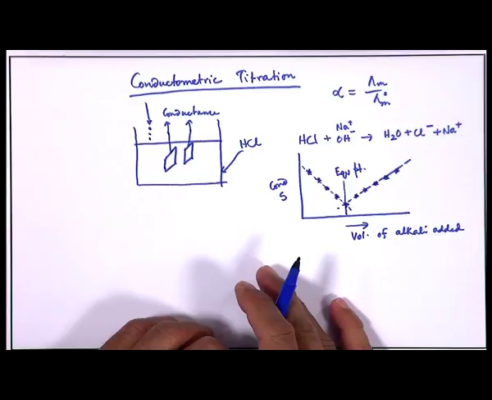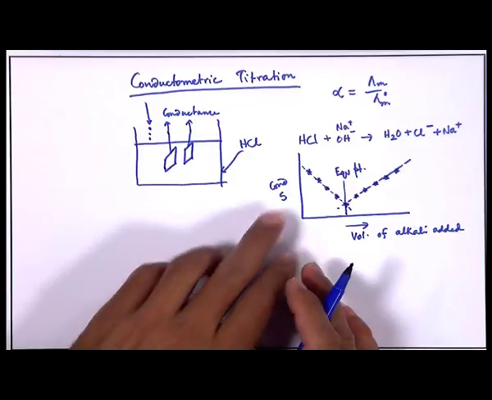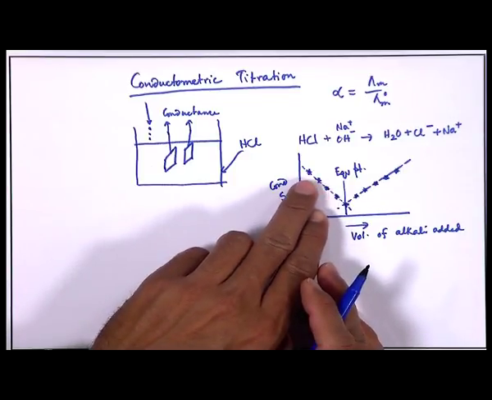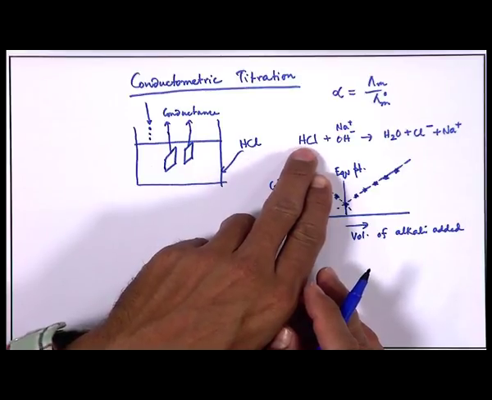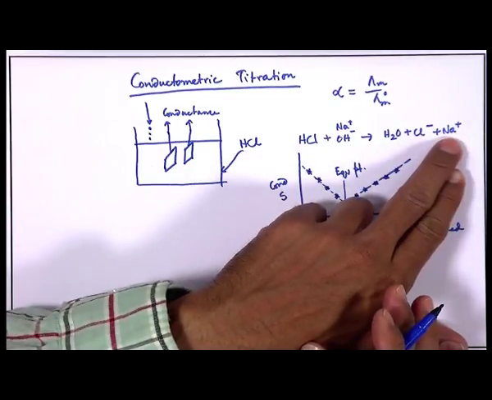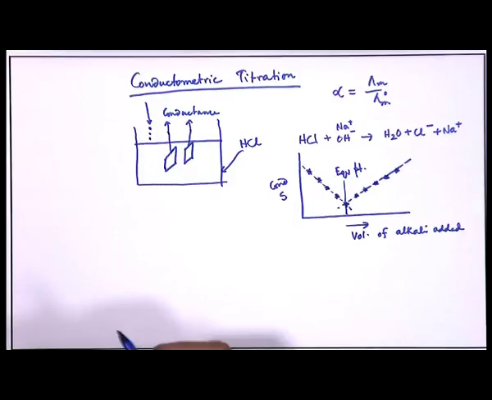Because of this dilution, there may be an additional change in conductance due to dilution, since there is already a change in conductance due to H plus ions being removed and replaced by Na plus ions. That is why the titer is kept at a higher concentration.